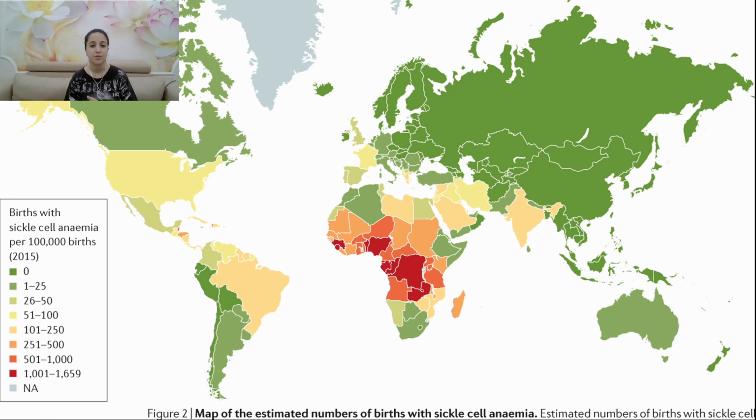So could these two facts be related? Indeed they are. This is because the sickle shape of our RBC provides resistance to our body from catching malaria. So since malaria is endemic in these regions, our body has evolved to form the sickle cell hemoglobin, which provides us resistance to malaria, but it definitely causes a lot of complications as well.